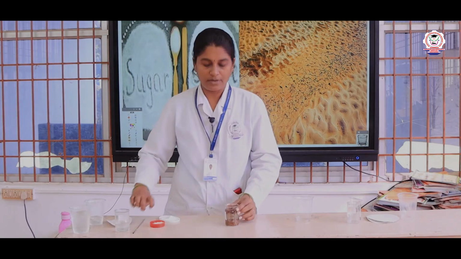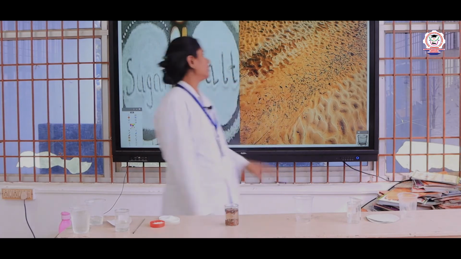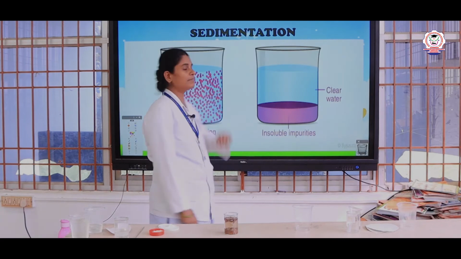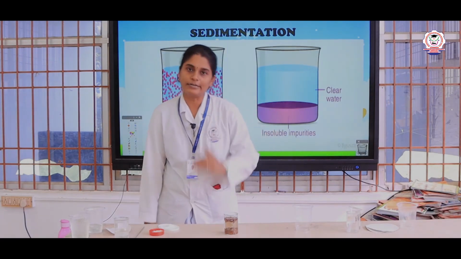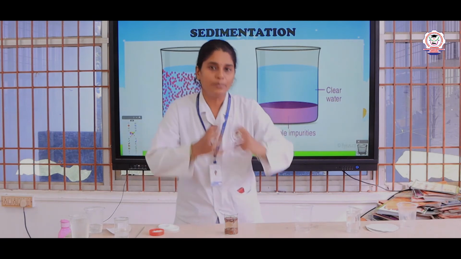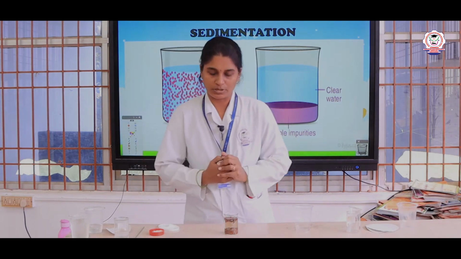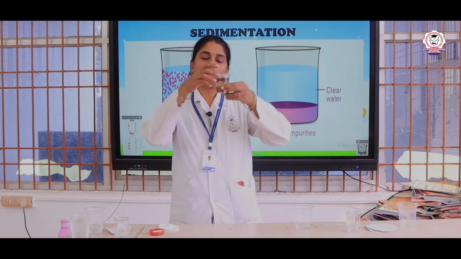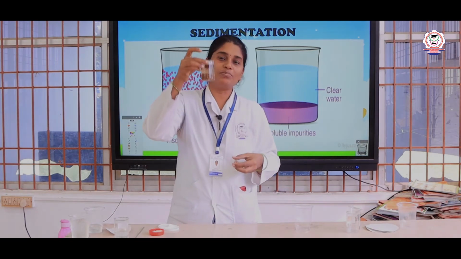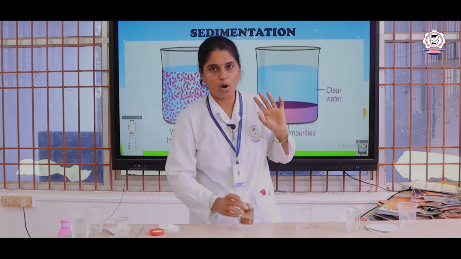Now, by which method can I separate the water from the insoluble impurities? Yes, with the process of sedimentation and decantation, and even with the filtration method, I can remove the insoluble impurities. Now, I have this impure water. Without shaking it, you have to keep this beaker as it is for a long time.